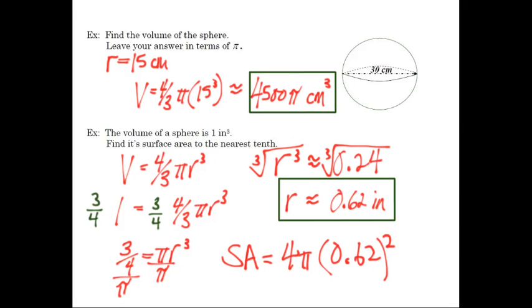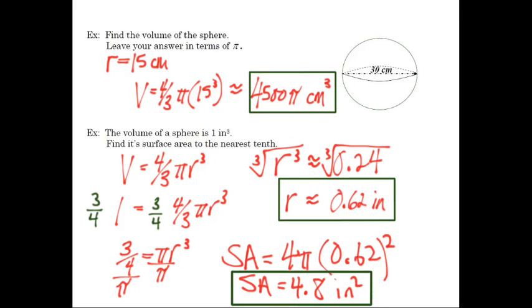I plug through that value, and I end up getting around 4.8 square inches. And so that is my final answer, because I've answered the question where I have the surface area.